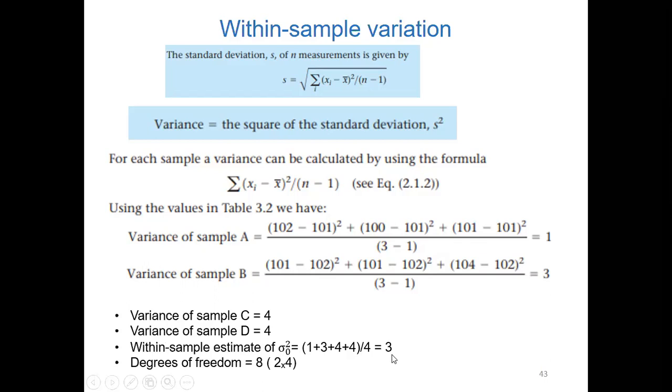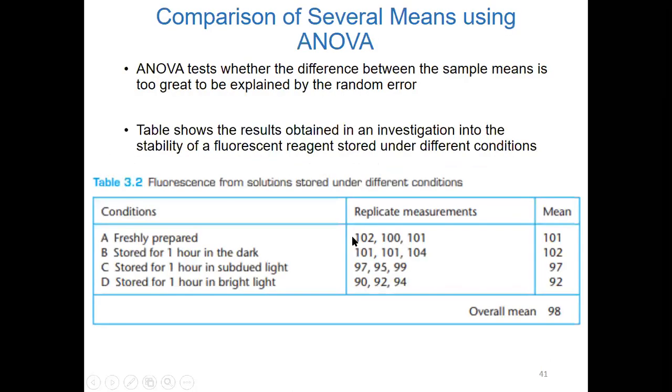So that is the sigma naught square for within sample measurement. I hope it's clear. And then degrees of freedom. How do we calculate the degrees of freedom? In each measurement, I'll go back to the table here. The number of measurements is 3.